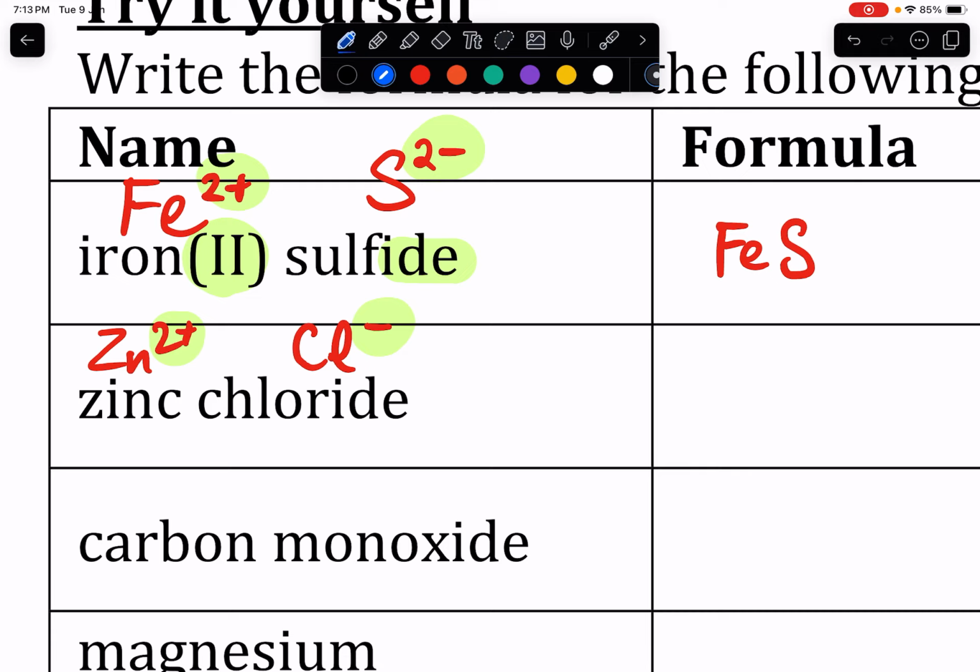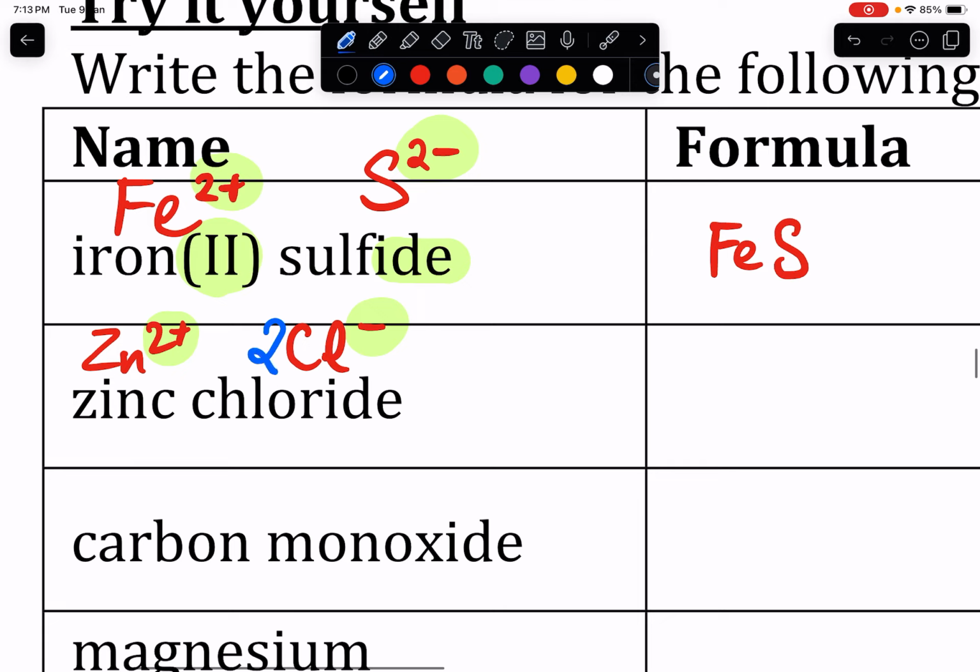So for every zinc which is 2 positive, I need 2 of chloride to balance the charges. Hence, the formula is ZnCl2, and there must be 2 chlorides. Note that this number, the subscript, only belongs to the element immediately before it, which in this case is chlorine.